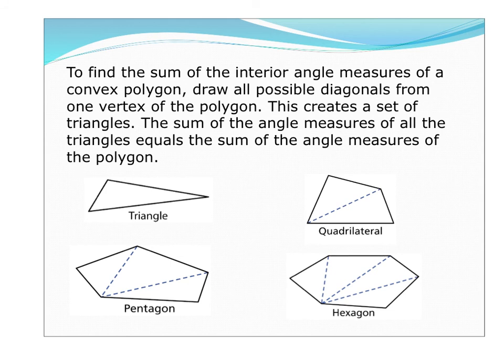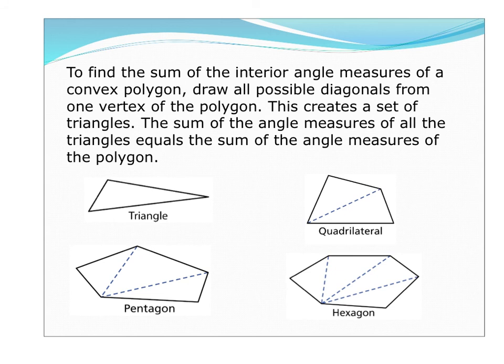You pick one, and then you draw in all the diagonals from that one vertex. This is going to create a set of triangles. Remember that the sum of the measures of a triangle equals 180. So in here, the measures of all the triangles is going to equal the sum of the angle measures of the particular polygon.